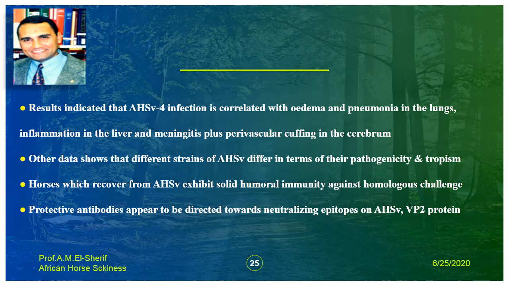Horses which recover from African horse sickness virus exhibit solid humoral immunity against homologous challenge. Protective antibodies appear to be directed toward neutralization epitopes on viral protein 2.